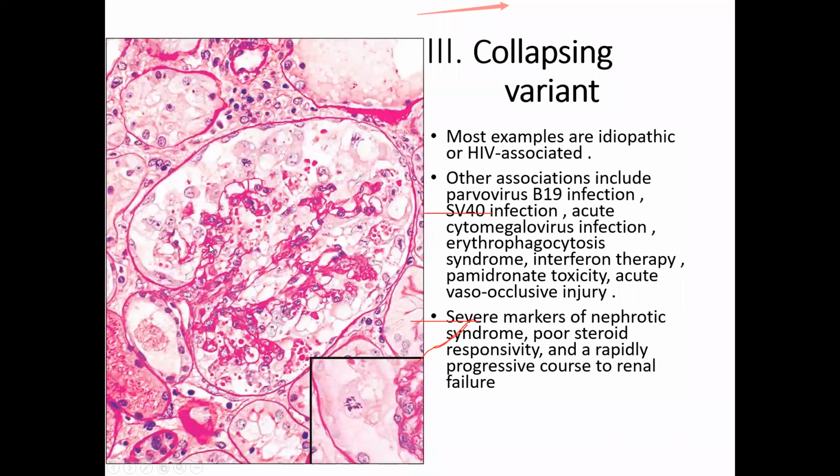This collapsing variant presents with severe nephrotic syndrome, usually does not respond to steroid therapy, and may present with rapidly progressive renal failure. We can also see mitotic figures.